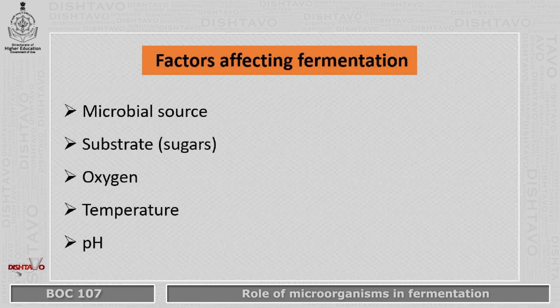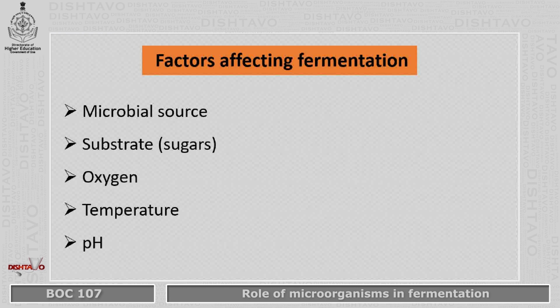So, factors affecting fermentation. Microbial source plays a major role in fermentation. The slide which I focused on talks about the different products that can be produced depending on the microbial source. So it is a very important factor. Substrate, whether we give direct sugar or sources of carbohydrates such as polysaccharide, is important.